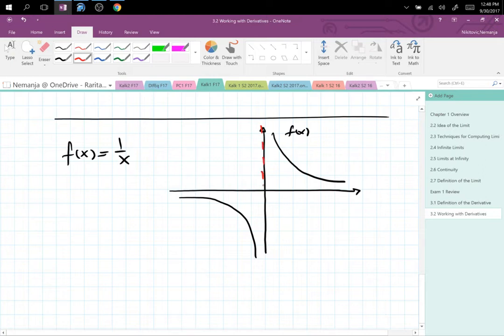Vertical asymptotes, we know from the previous chapter, right? They're defined through that limit. The vertical asymptote is defined through the limit, and we say it cannot be crossed ever. Great. The thing that I wrote earlier in purple said that the vertical asymptotes are preserved. So both the derivative and the function will have a vertical asymptote at 0.